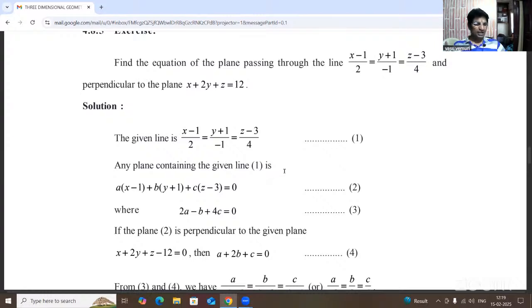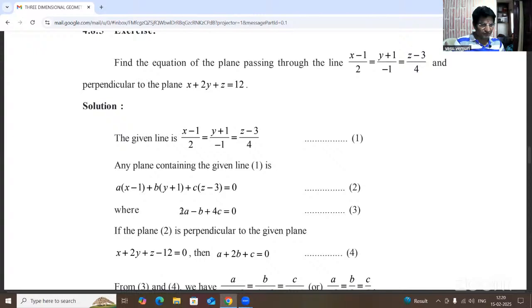The formula is a of x minus x1 plus b of y minus y1. Here x minus x1 means x minus 1, y minus y1 means y plus 1, z minus z1 means z minus 3. So the point is given and the plane equation is a of x minus x1 plus b of y minus y1 plus c of z minus z1 equal to 0.